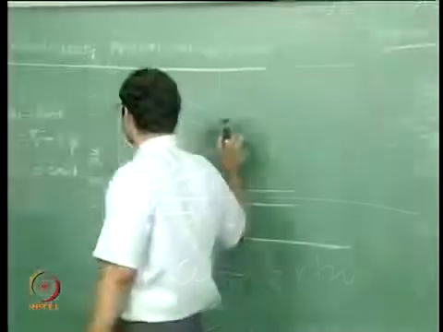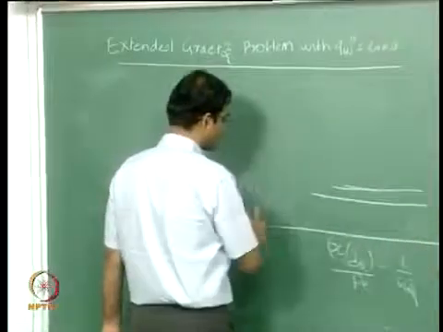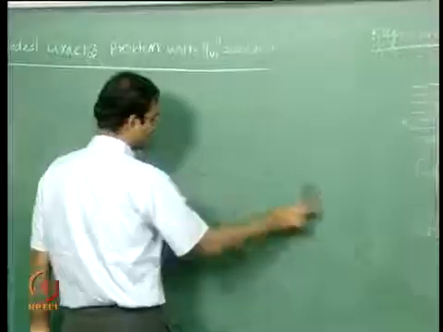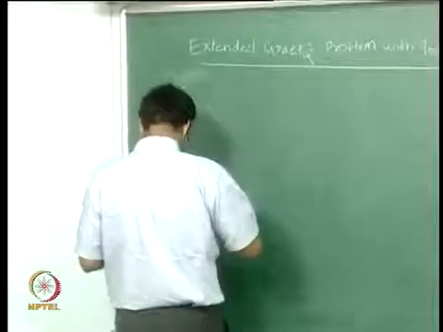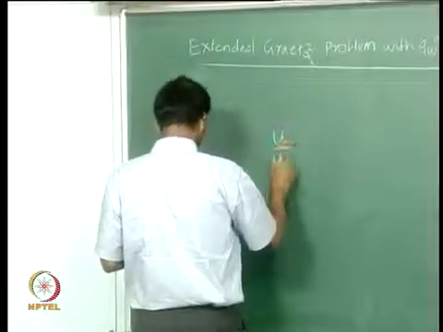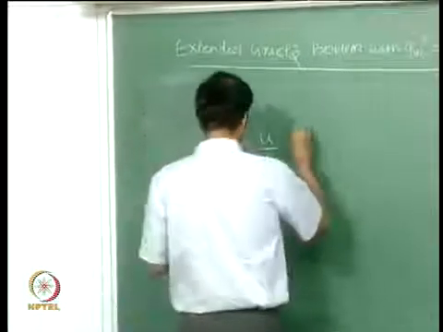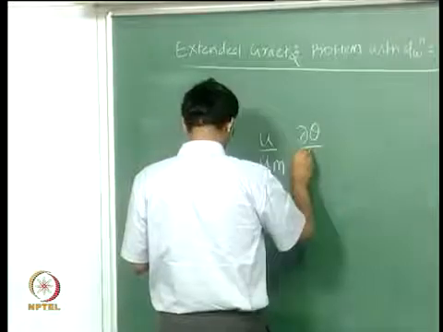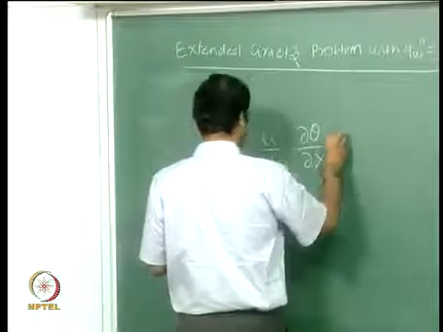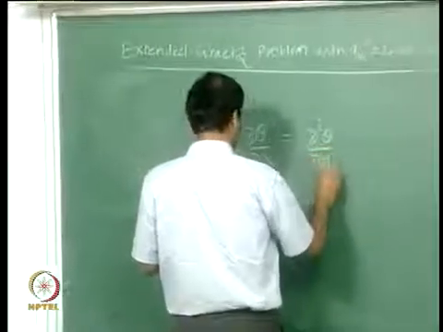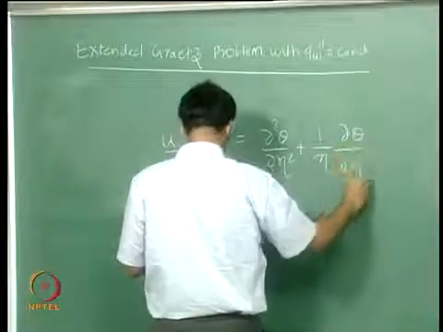So using this profile, now you can substitute this into the energy equation. So the energy equation can also be solved numerically. Of course you have your energy equation as u by um into d theta by dx equal to d square theta by d eta square plus 1 by eta into d theta by d eta.